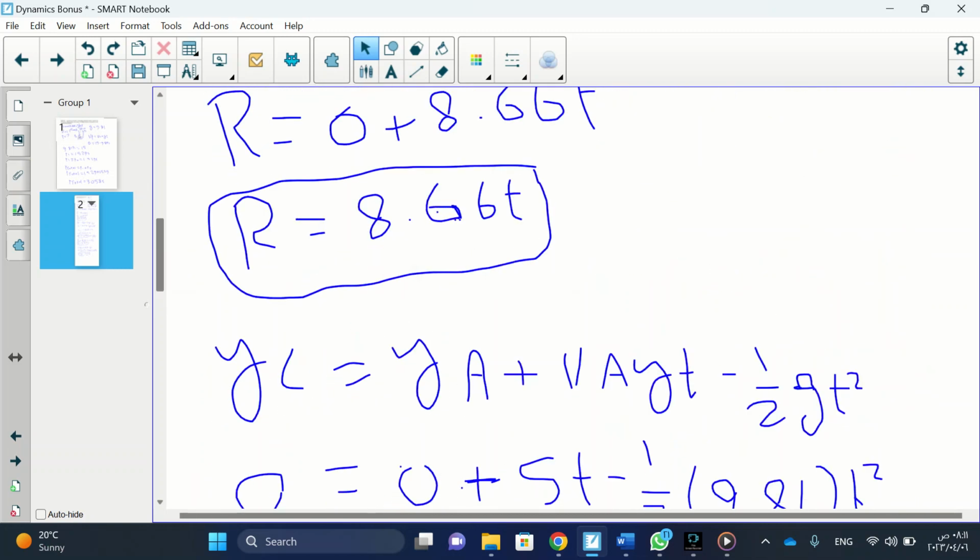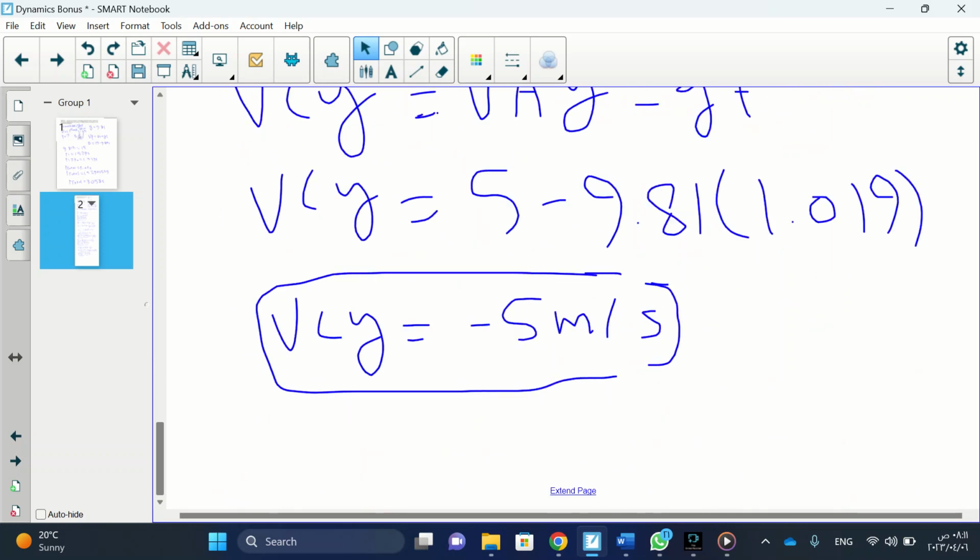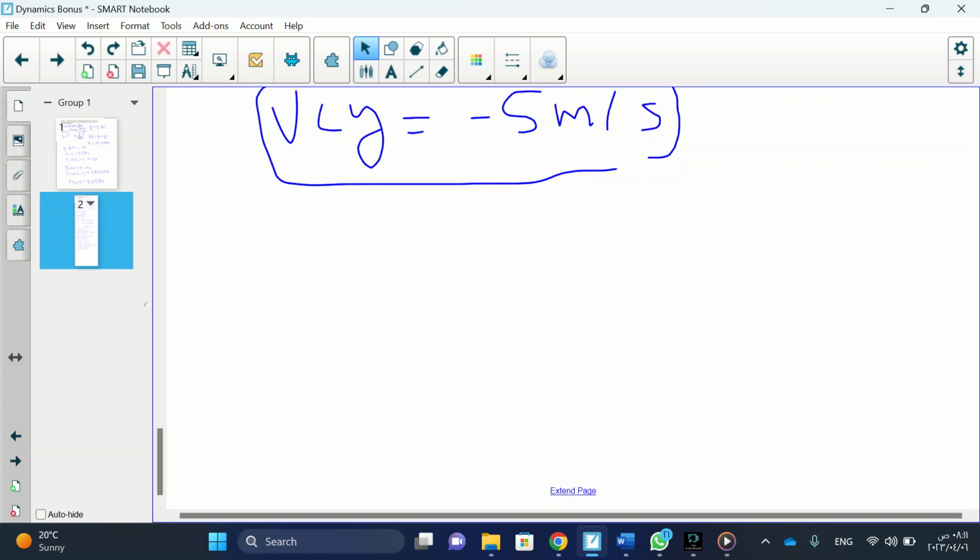That's why there's no surprise that it is minus, as gravity G is equal to minus 9.81. Why is it minus? Because gravity is taking the objects down. So don't be nervous when you get minus. It's okay, it's correct.